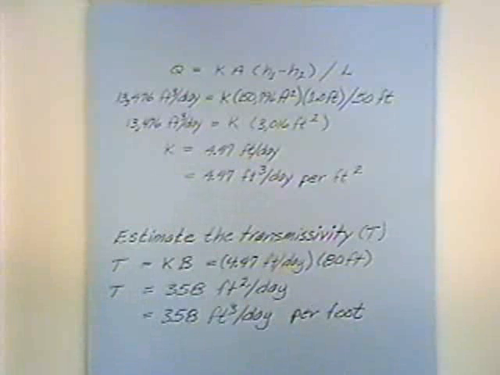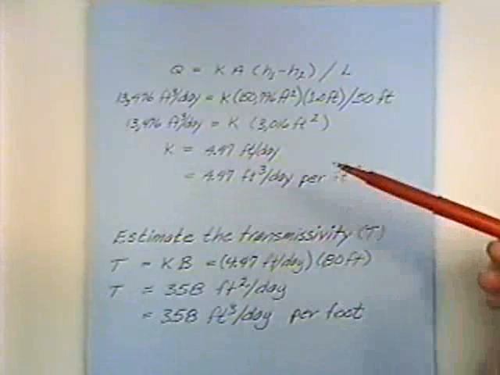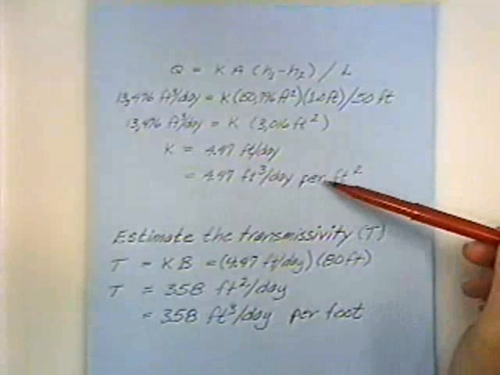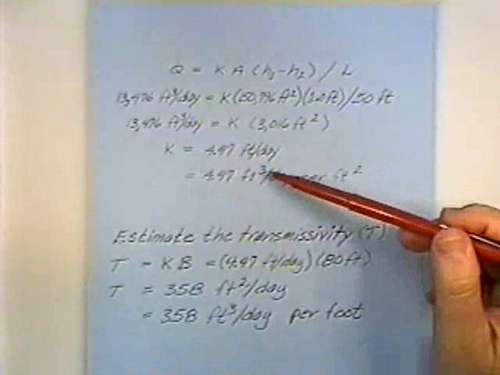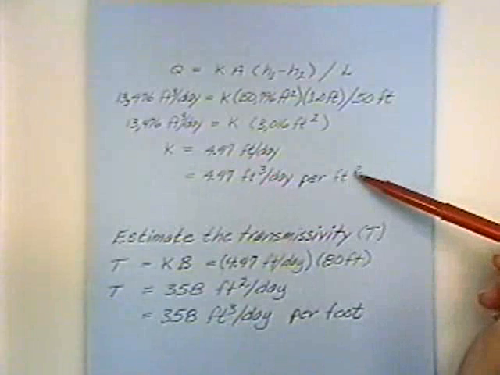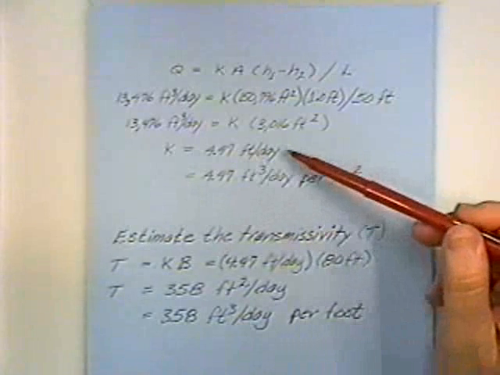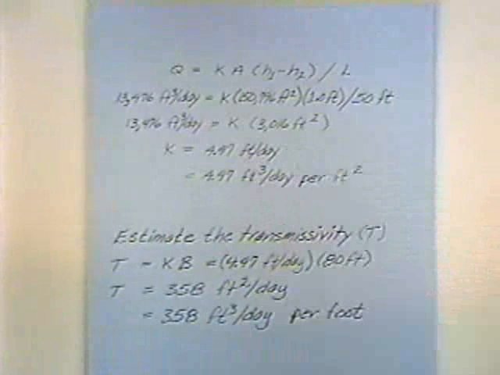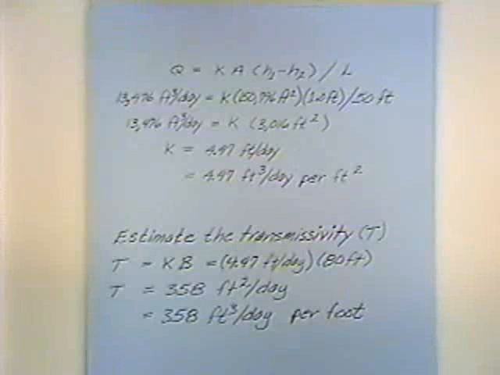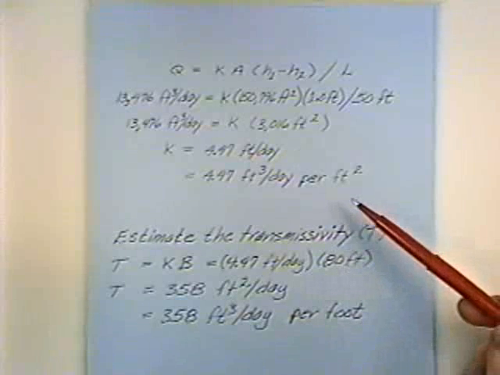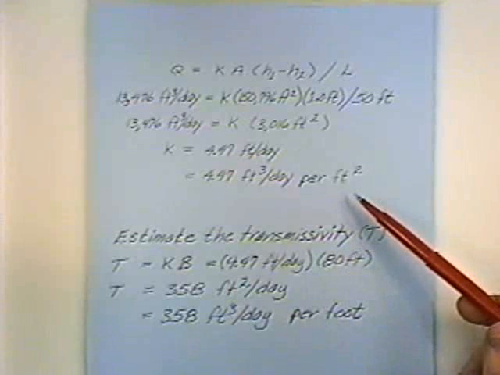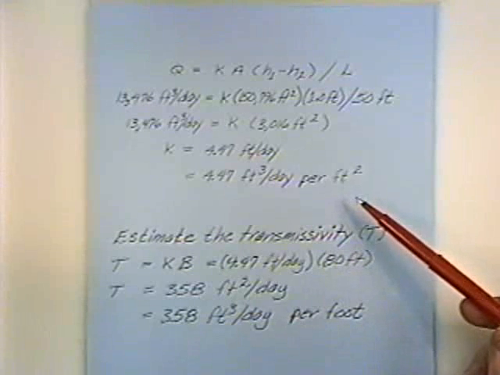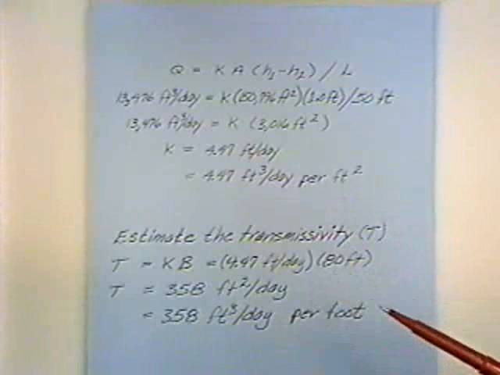And that's the coefficient of permeability, the hydraulic conductivity, and it's actually in cubic feet per day per square foot of area. But the cubic feet divided by square feet cancel out, and so you often express it just in feet per day. Now the transmissivity is the same thing, except instead of being the flow through a unit area, it's a flow through a unit width.